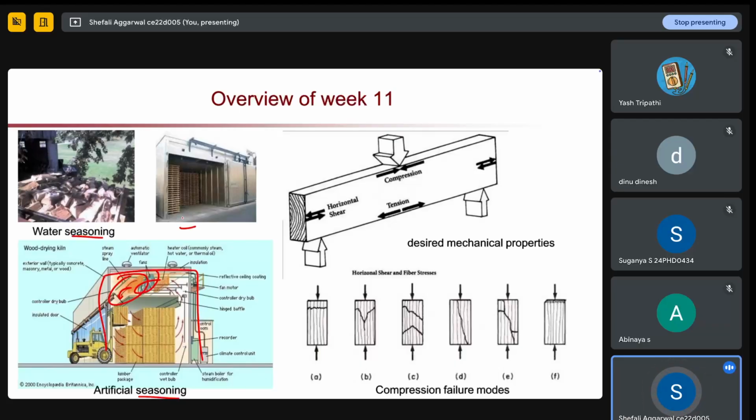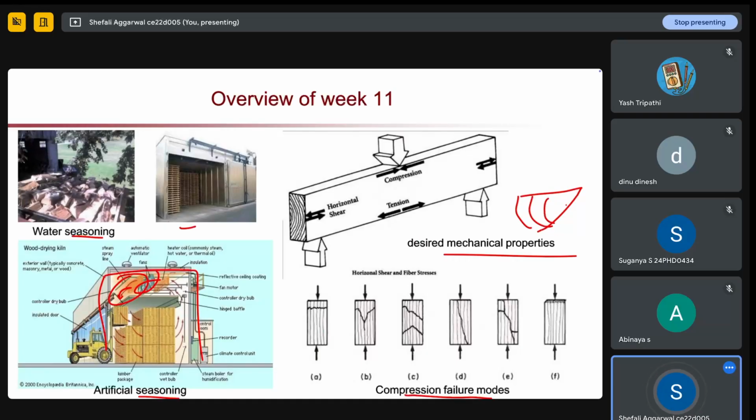The next thing is about the mechanical properties of our wood. Mainly, if we talk about mechanical properties, we will talk about three types of properties: compression, tension and flexure. If a wood is subjected to compression type of loading, it depends on the different directions.